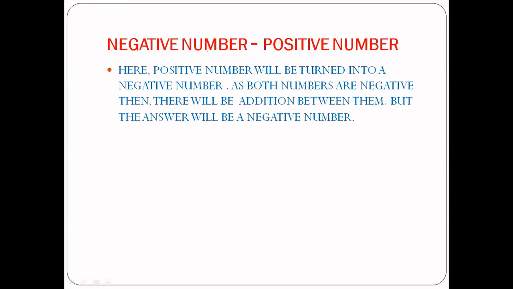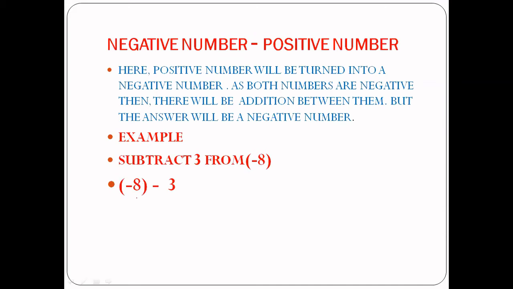Let's see the example. Subtract 3 from negative 8. Here 3 is a positive number and 8 is a negative number. So here we are going to subtract 3 from negative 8. We'll write it like this, negative 8 minus 3.